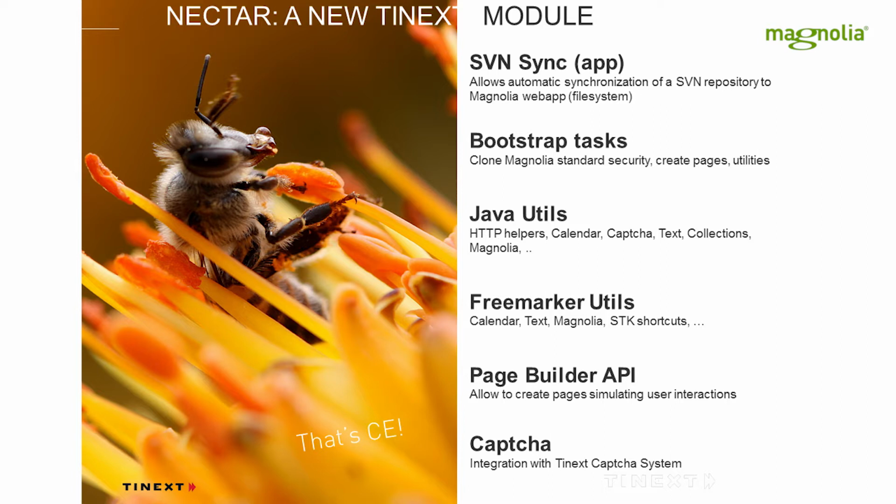So we took those developments and collected them in a new module. We call it Nectar, Magnolia Nectar. And at the moment, we are using that module to bootstrap our project. So the first module we plug into our new projects is the Nectar module.